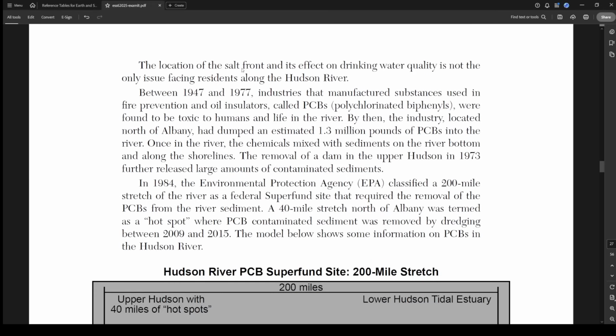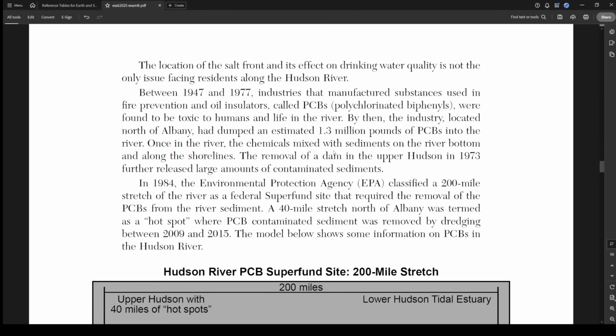The location of the salt front and its effect on drinking water is not the only issue facing residents along the river. Between those dates, industries that manufactured substances used in fire prevention and oil insulators called PCBs were found to be toxic to humans and life in the river. By then, the industry located north of Albany had dumped an estimated 1.3 million pounds of PCBs into the river.